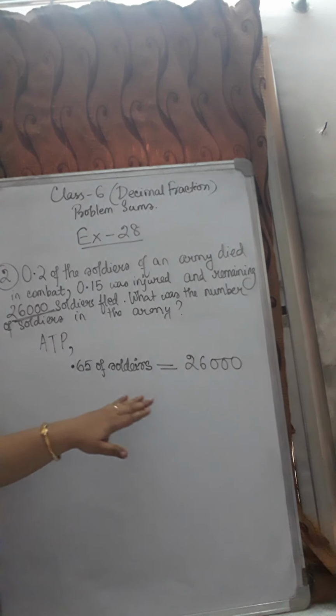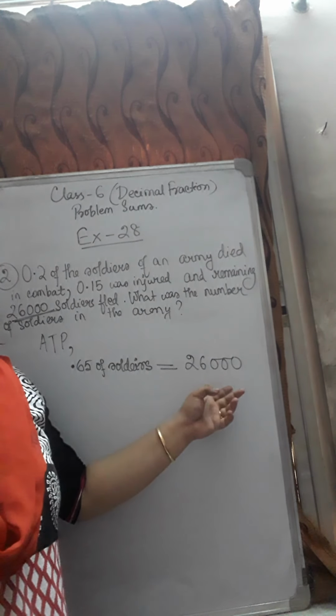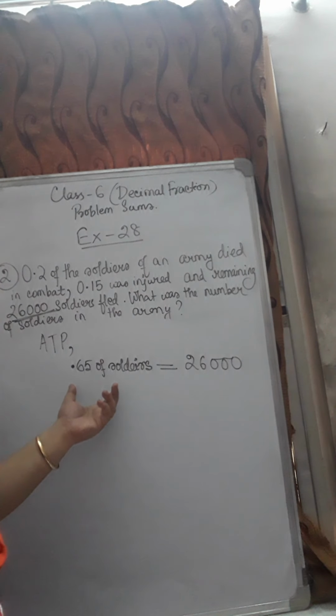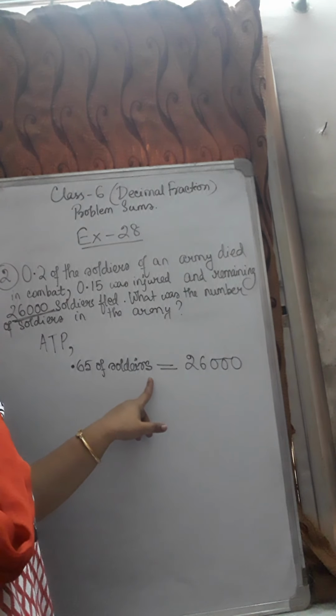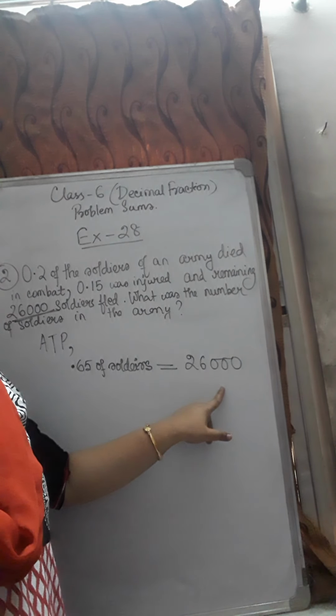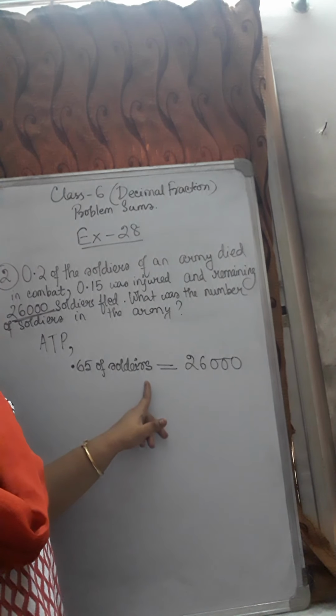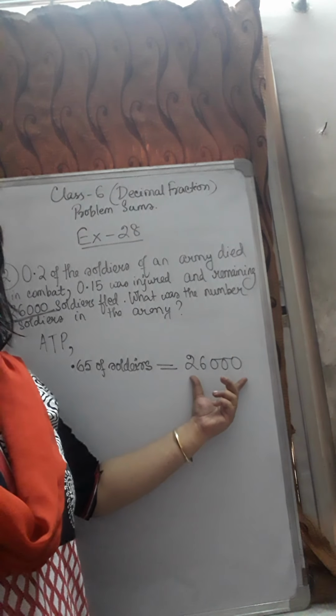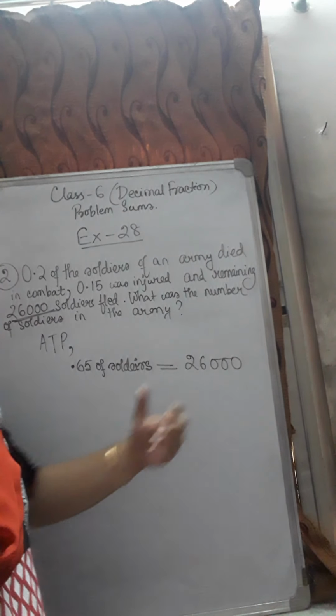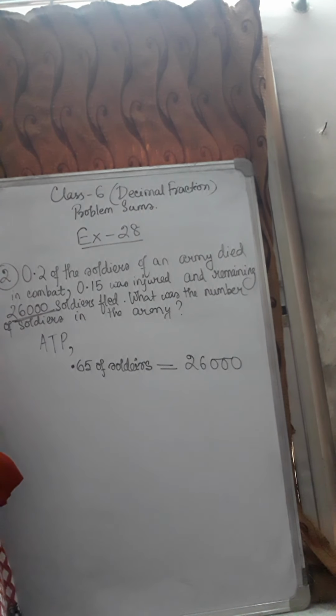So there has to be an equation. Equation means there is equality between the two. In decimal fraction, I know that 0.65 of the total soldiers ran away. But in actual number, it is also given that 0.65 of soldiers who ran away is equal to 26,000. So we have to find total soldiers in the army.